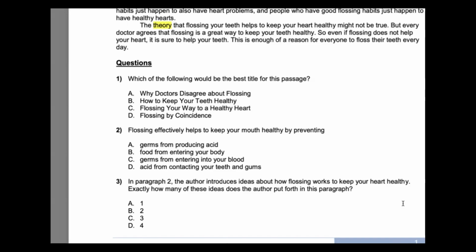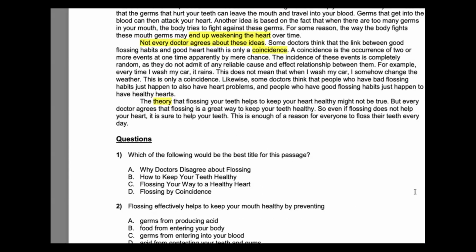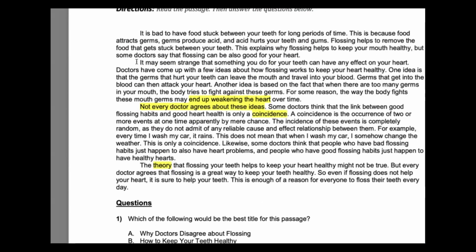Okay, you want me to go back to paragraph 2? Or your notes are enough? You can go just to check. Okay, here you go. How many ideas did he put forth?